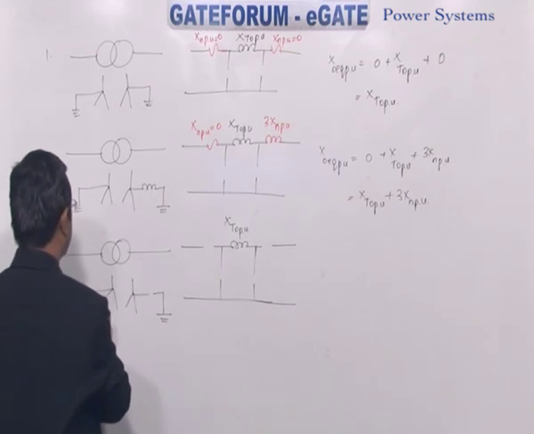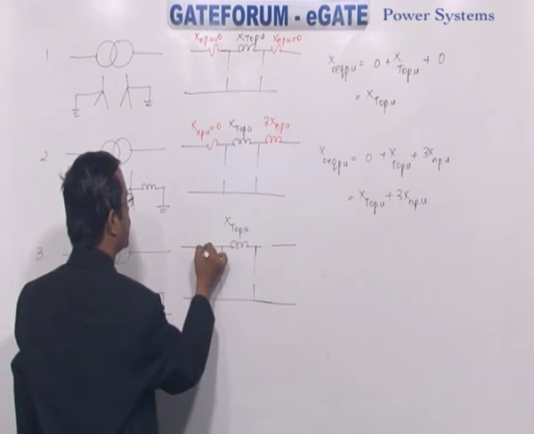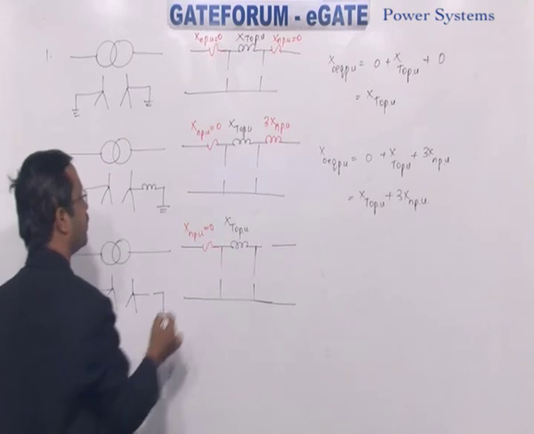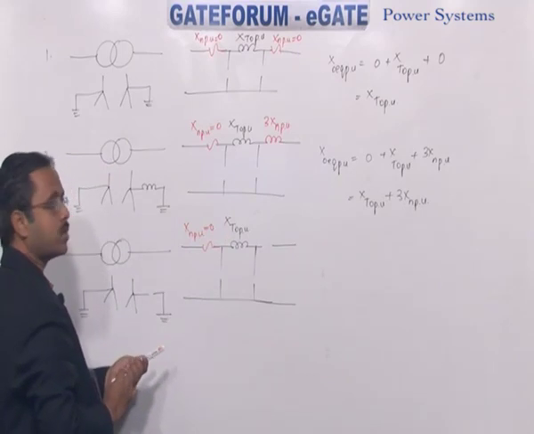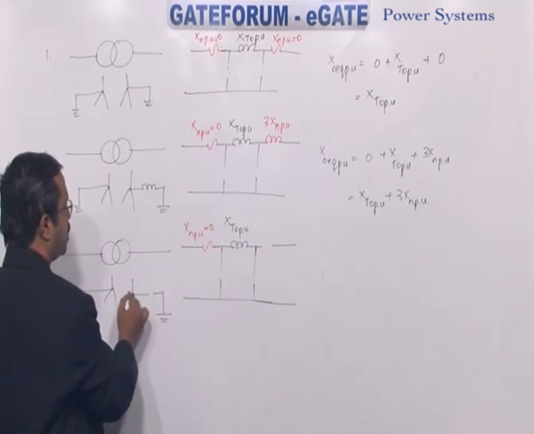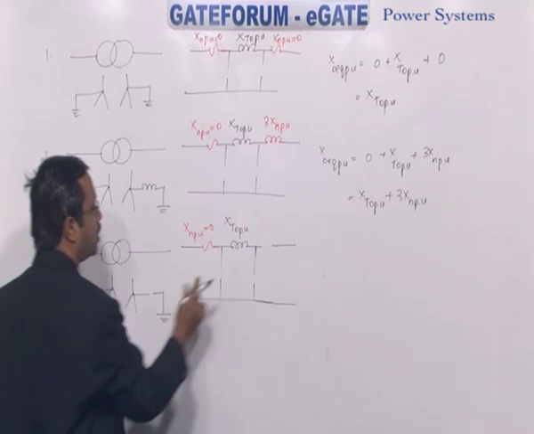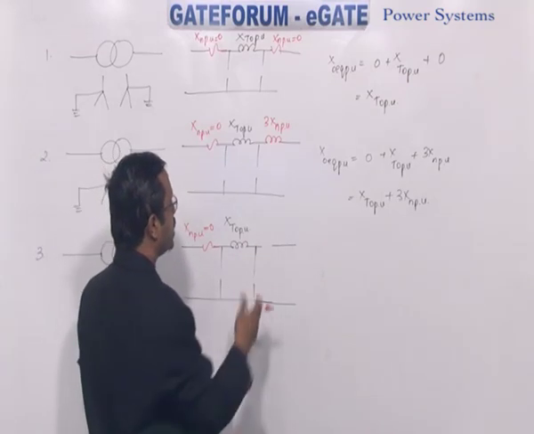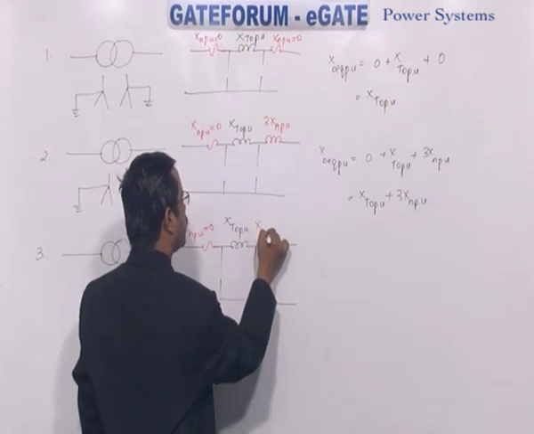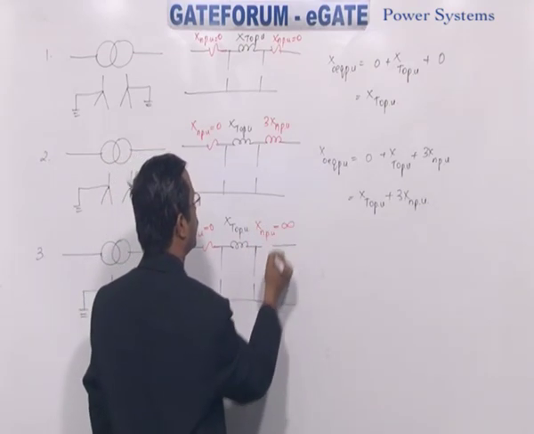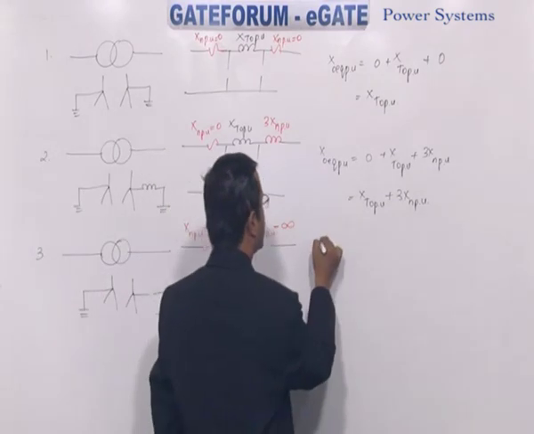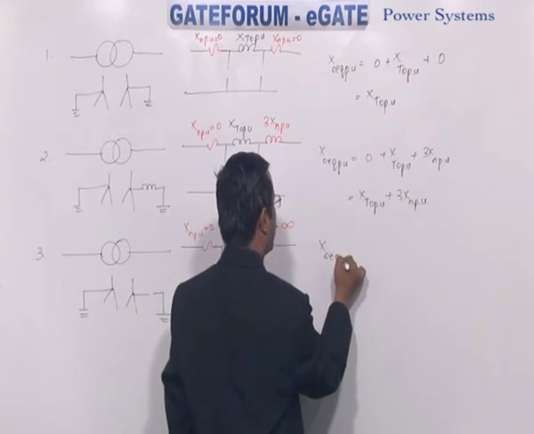Now solid grounded, so close with a fuse, Xn per unit 0. What about secondary? Isolated neutral. So the series switch is open, or you say Xn per unit equal to infinite. So what about X0 equivalent per unit?